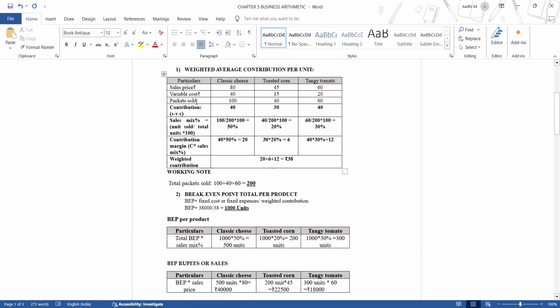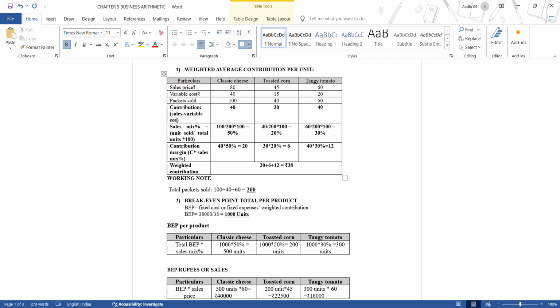First step is you have to find contribution. To find contribution, the formula is sales minus variable cost. So when you subtract variable cost from sales, here we can say 80 minus 40 equals 40, 45 minus 15 equals 30, then 60 minus 20 equals 40.